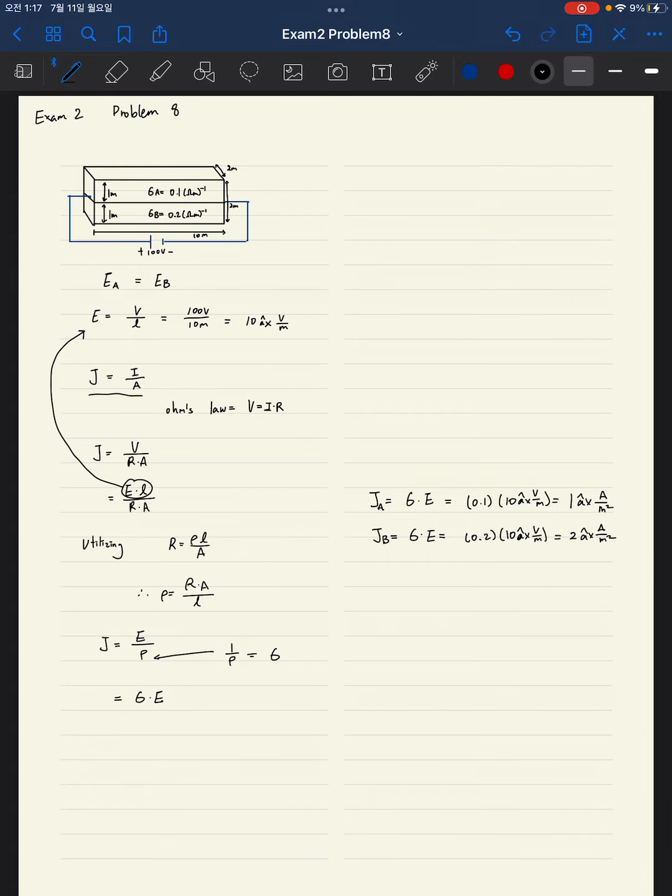Since the current will be the same throughout this object, we can simply say this I is equal to J_A times the area of each material, which is just gonna be 2 m squared.